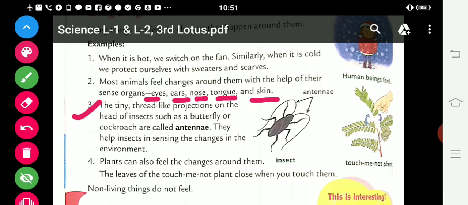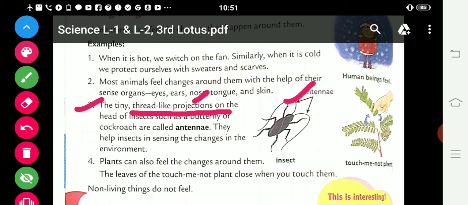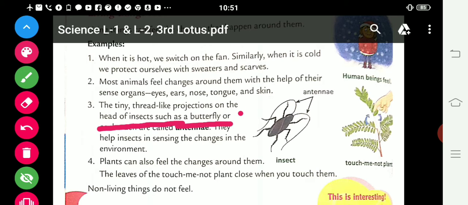Number 3 is the teeny thread-like projection. Projection means ऊपर उठा हुआ, like this, on the head of insects such as a butterfly or cockroach, called antenna. It means the teeny thread-like projection on the head of insects.